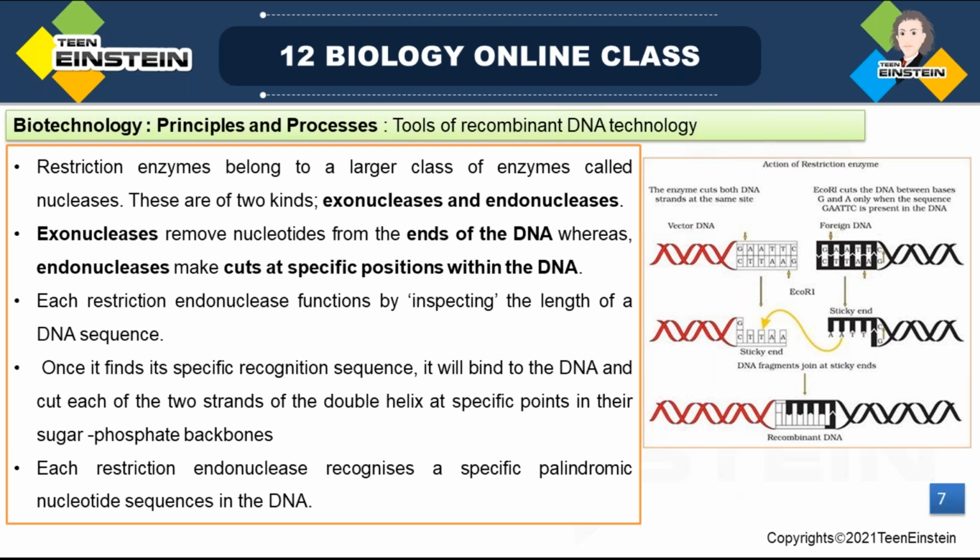Then, after checking the length of the DNA sequence, this restriction endonuclease will find the specific recognition sequence. We said HinDIII or HinDII is the restriction enzyme which we are using for our work.